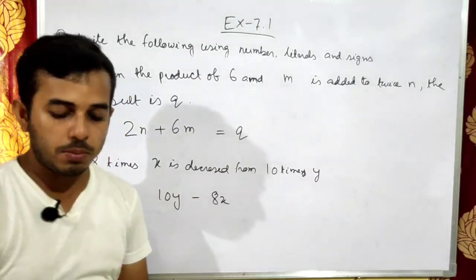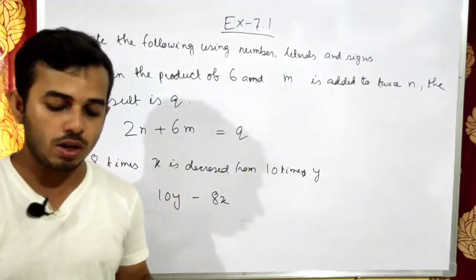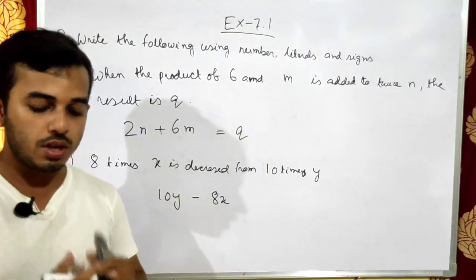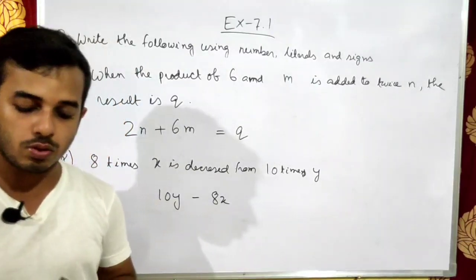Then equations number 10, 11, 12 you can solve yourself. Now let's move to our second question, that is question number 2. Here one pen costs rupees 15 and one pencil costs rupees 3.